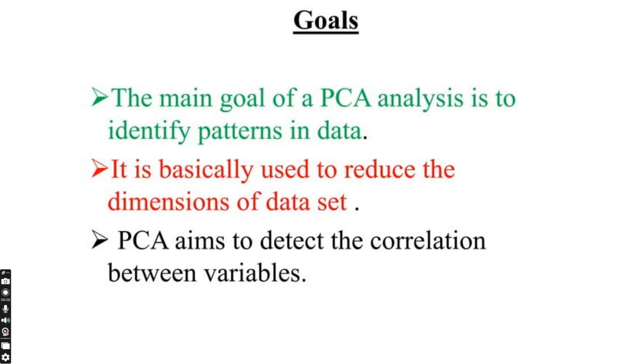That is done by PCA. Whatever the case may be, like movie recommendation or cancer image analysis, whatever the field, we should apply some feature extraction technique so that we can understand what happens in the future. This is one of the techniques: PCA, principal component analysis. It has three goals: identifying patterns, reducing the dimension, and detecting the correlation between the variables.